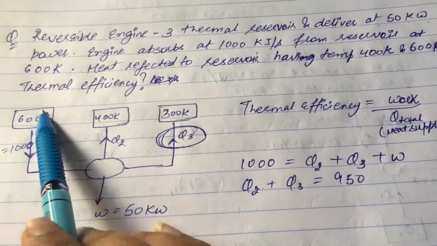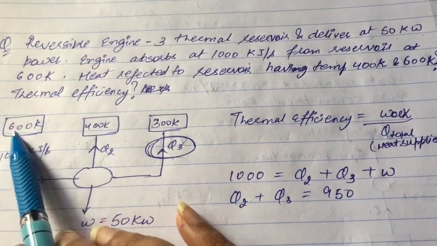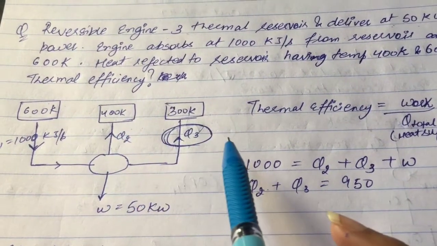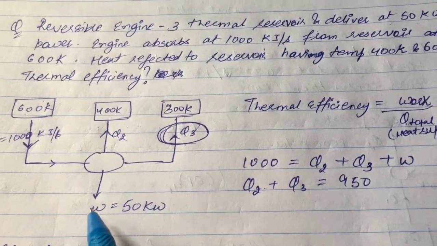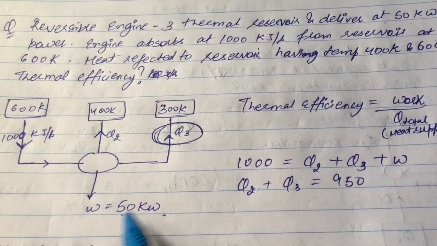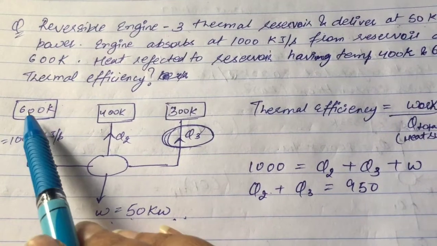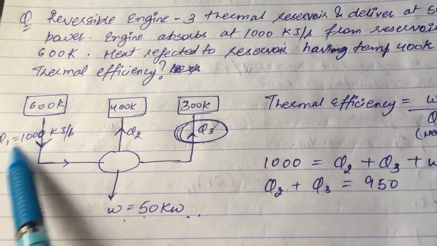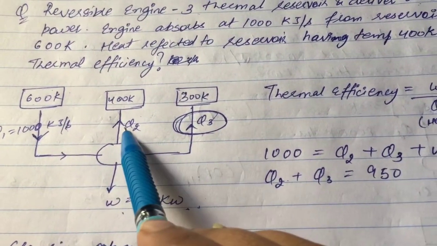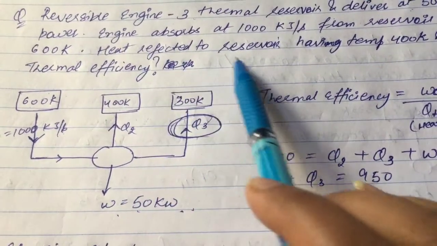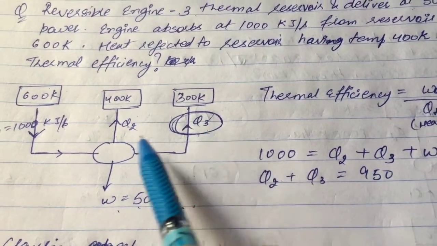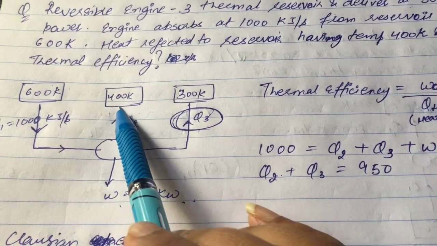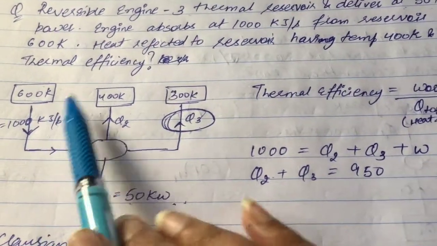So basically we have 3 reservoirs at 600, 400 and 300 Kelvin acting as an engine, delivering 50 kilowatt of power or work, and heat absorbed from the 600 Kelvin source is 1000 kilojoule per second. We have to calculate heat rejected to the reservoirs, Q2 and Q3, at temperatures 400 Kelvin and 300 Kelvin.